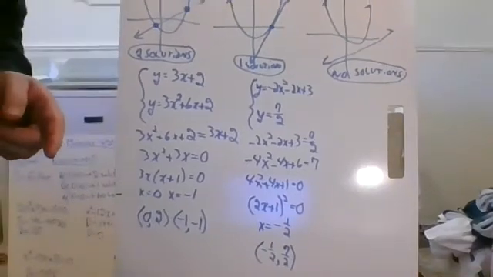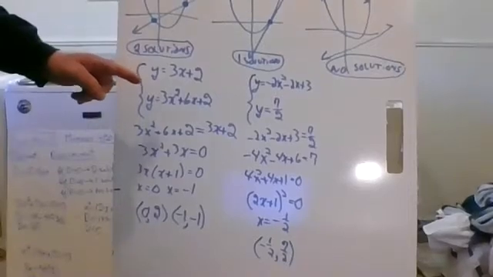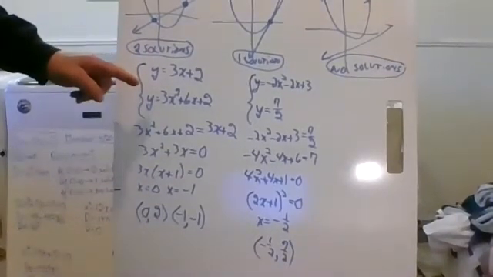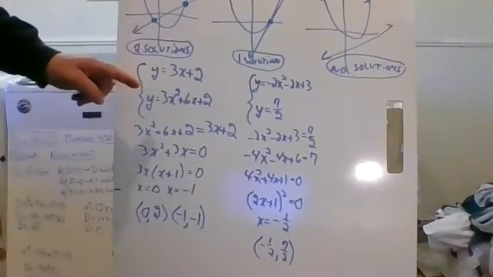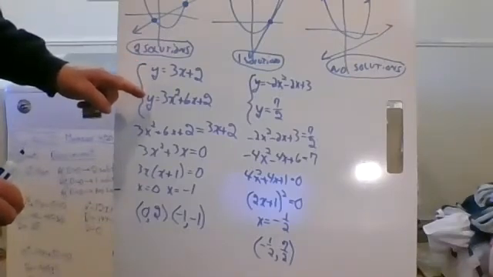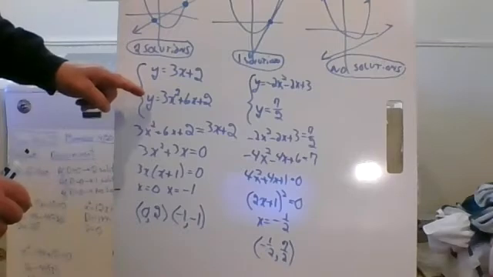All right? Now I'm going to show you another method for solving this, called the substitution method, where you do it algebraically. You don't use a graphing calculator. So here we have a linear and a quadratic, and they're both equal to y, so we can substitute.